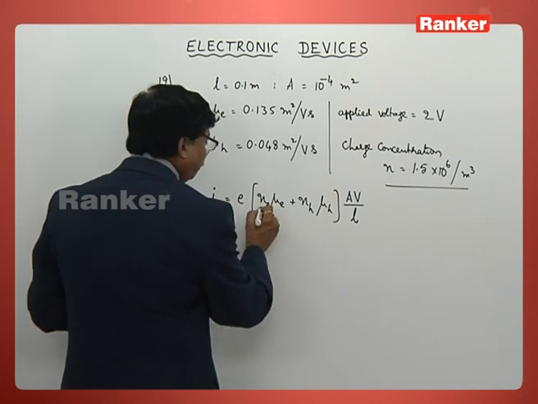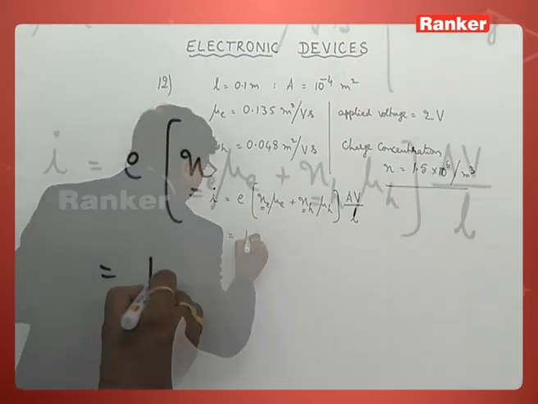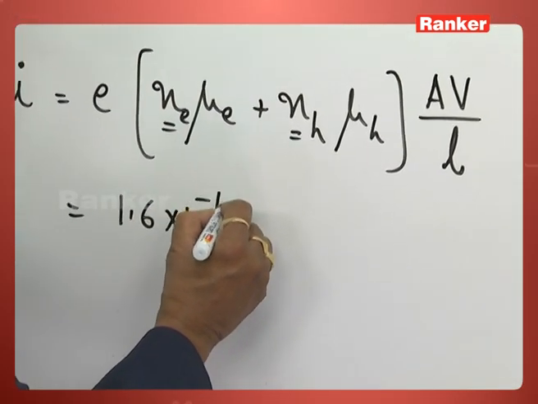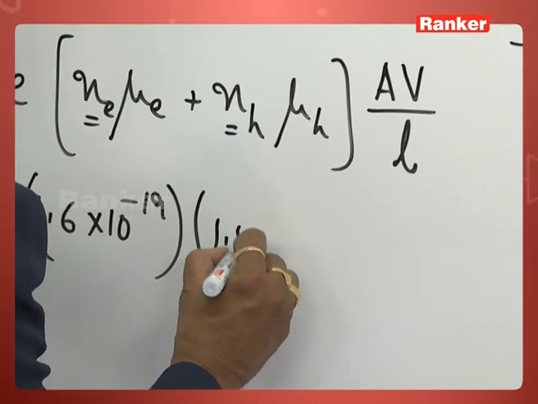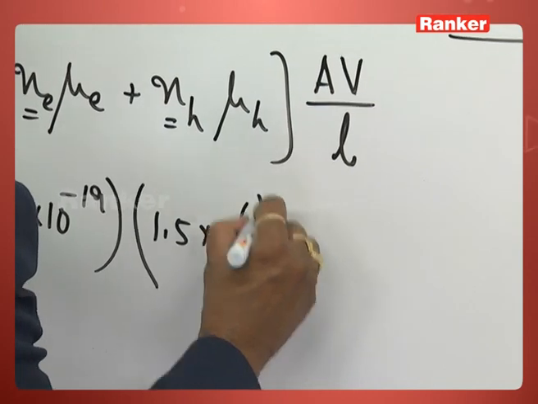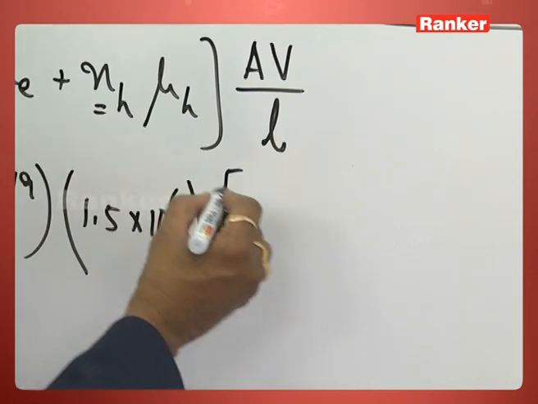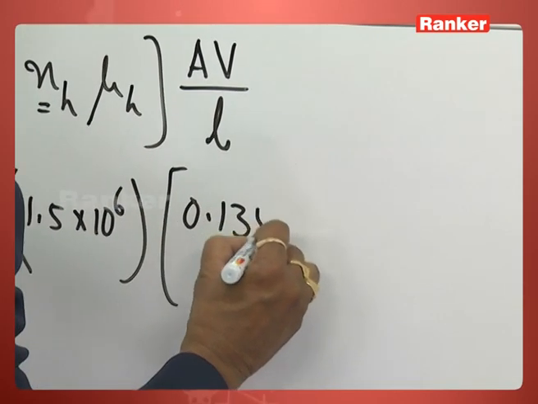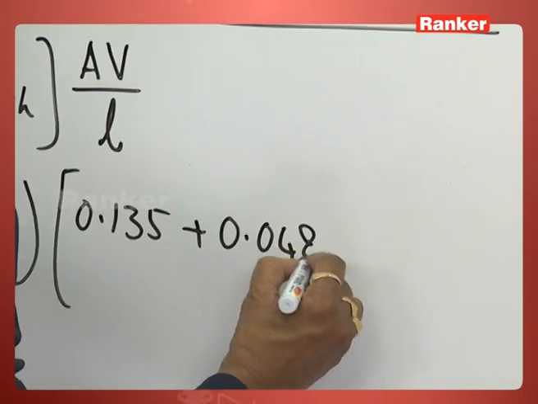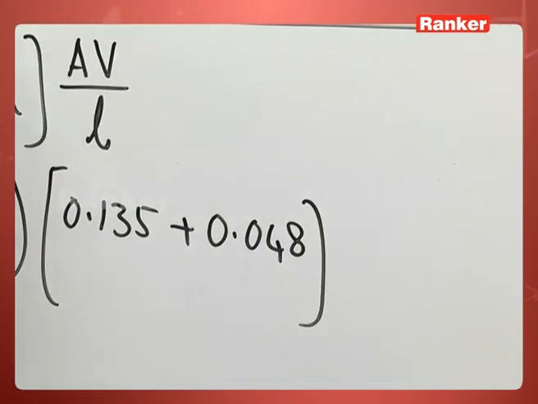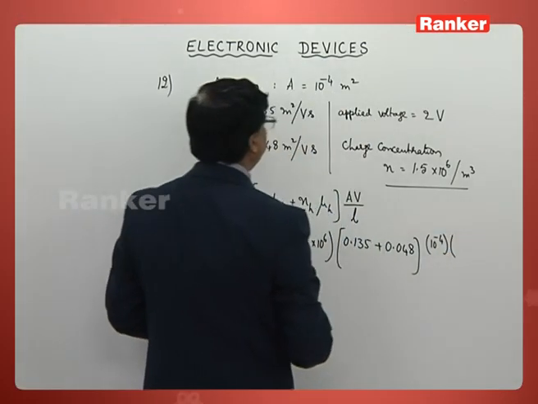But the charge concentration he gave the same. So what can we write now? 1.6 into 10 power minus 19 the charge, 1.5 into 10 to the power 6 the value of concentration, into what is mobility given? 0.135 plus 0.048, into the value of area is given 10 power minus 4, right?